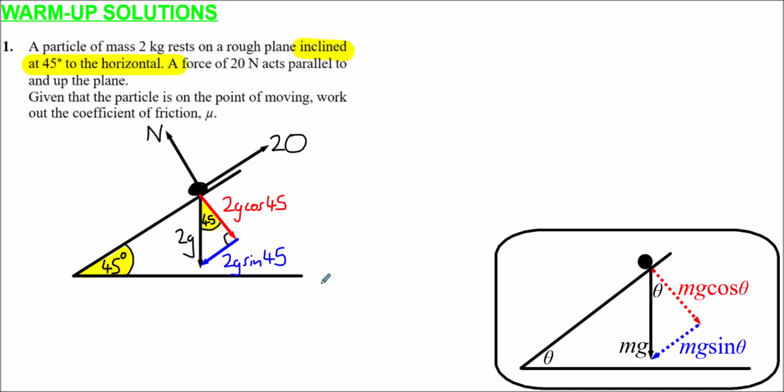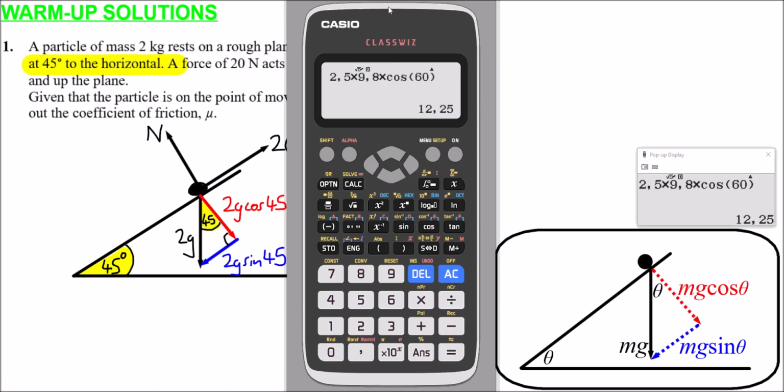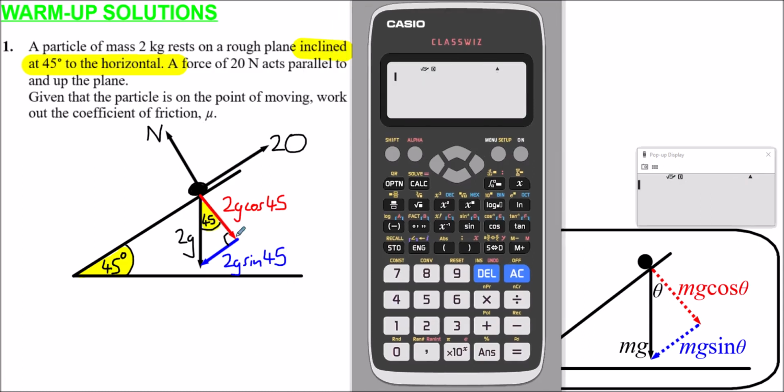Now we should know, because this is a rough plane, friction will always act to resist motion. So which is the resultant force acting currently, imagining it was a smooth slope? So let's work out which is bigger, 20 or 2g sine 45.